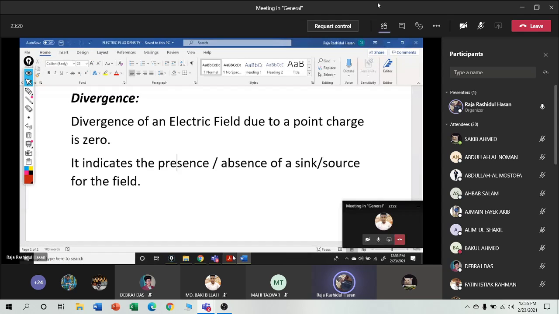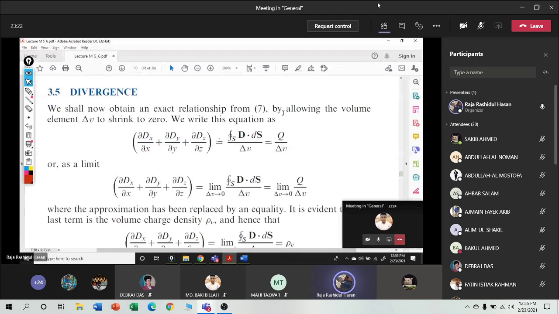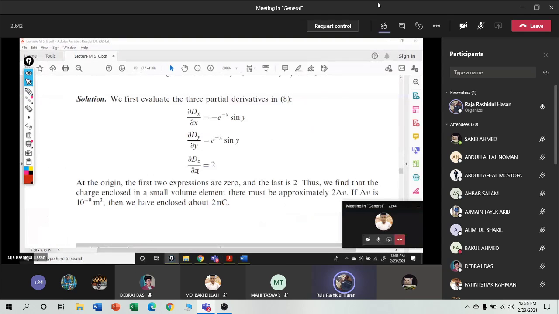Okay, so from that concept, we can write down, by allowing the volume element delta V to shrink to 0, the equation. তাহলে দেখো, the last equation that we saw, this one.